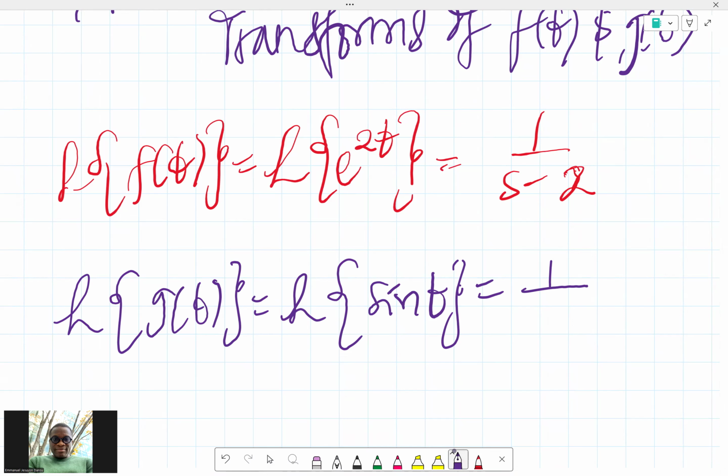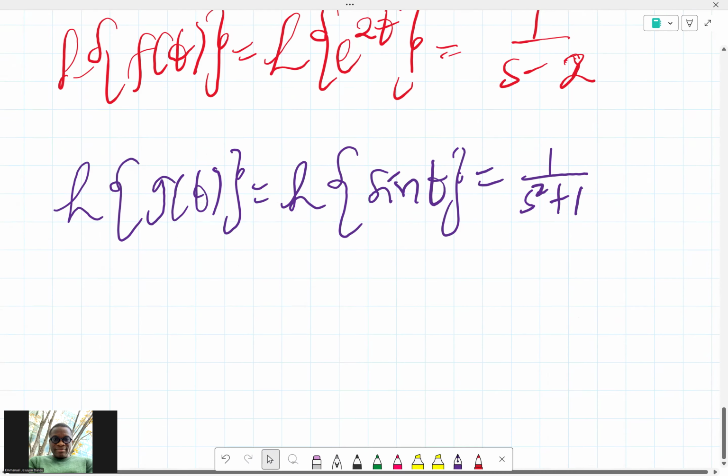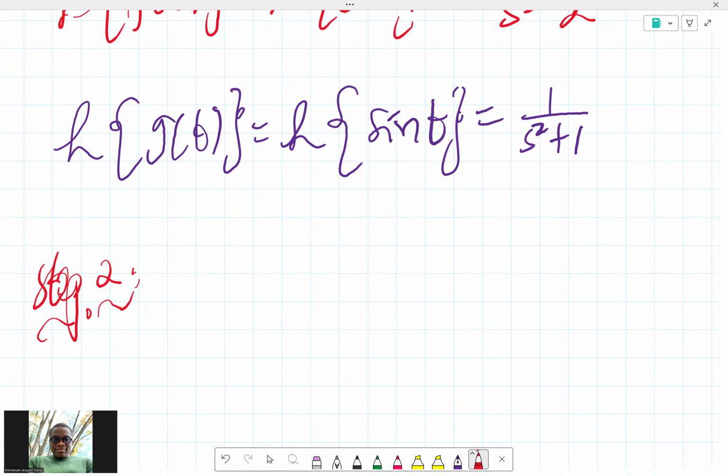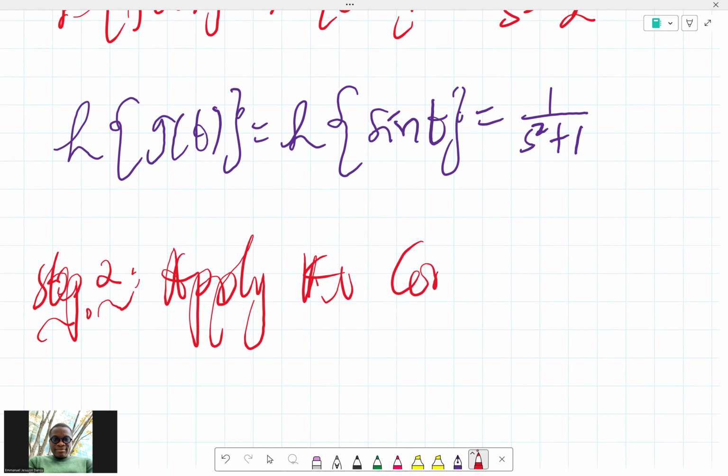Now our a here is 1 because the coefficient of t is just 1. So we have 1 over s squared plus 1. For cosine, it will be s over s squared plus a squared. With this now, we can do the convolution. We go for step 2. In step 2, we apply the convolution theorem.